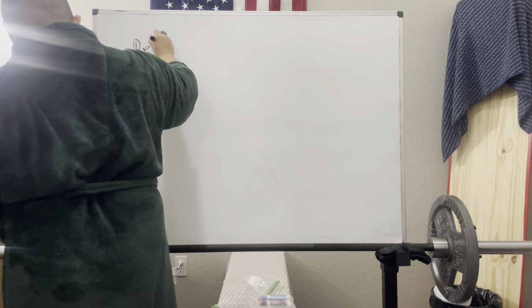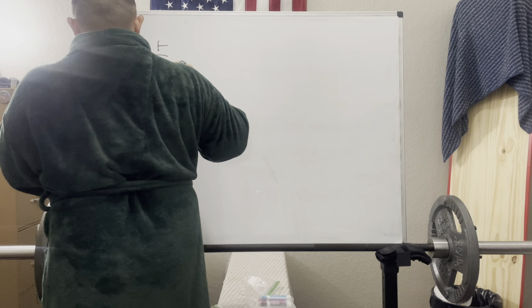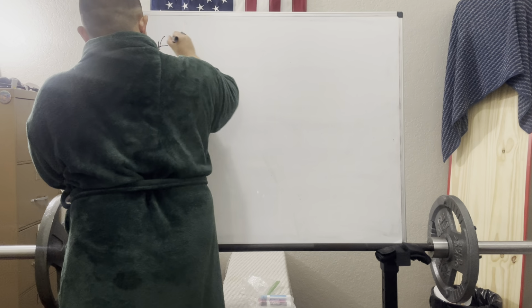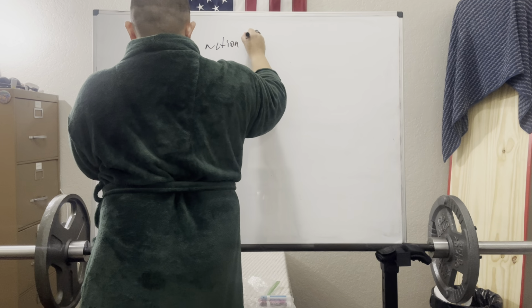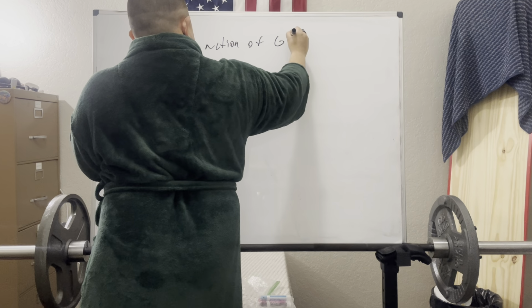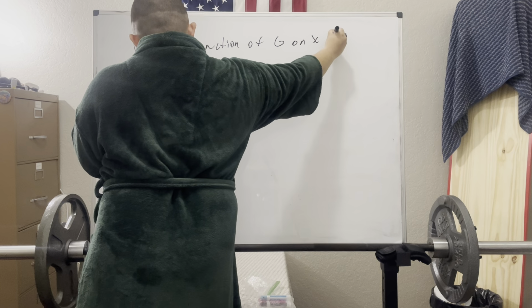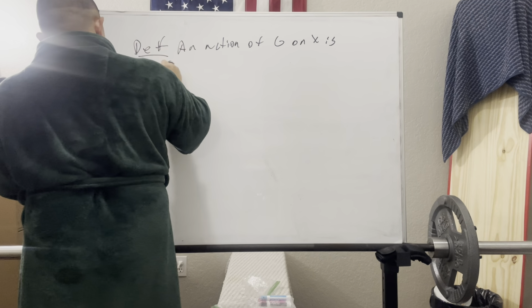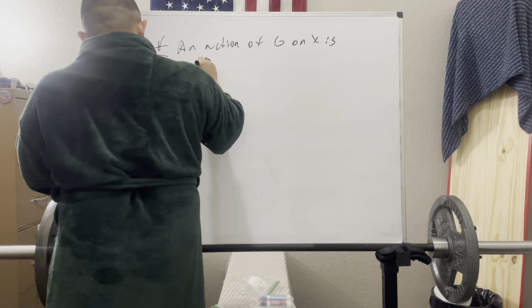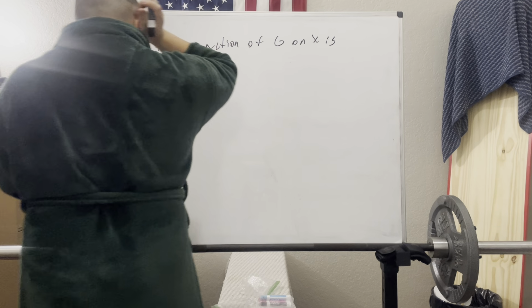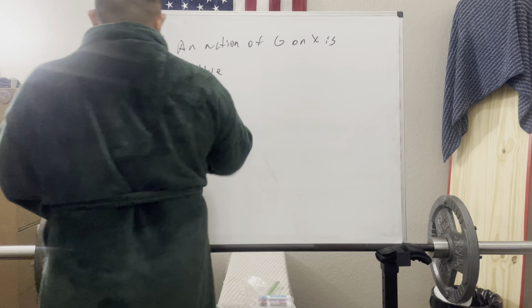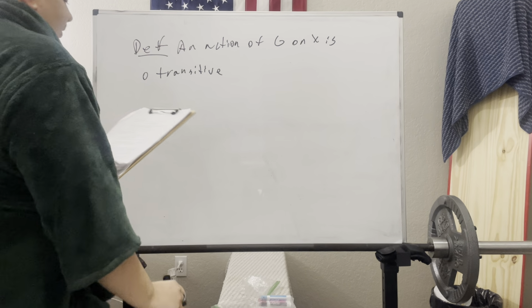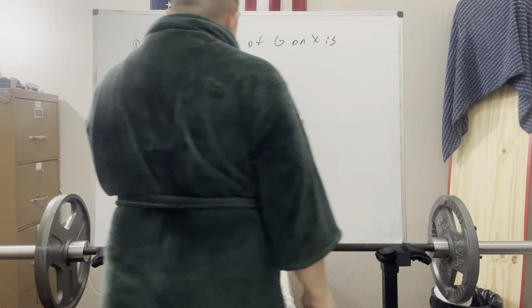So, an action of G on X is transitive. I don't like how they use transitive for both transitivity and this case.